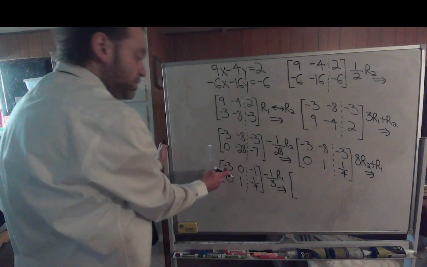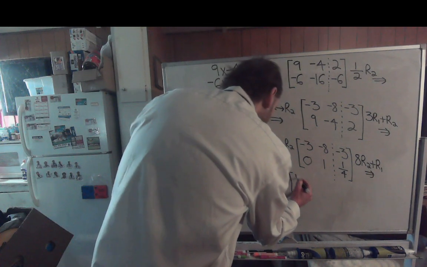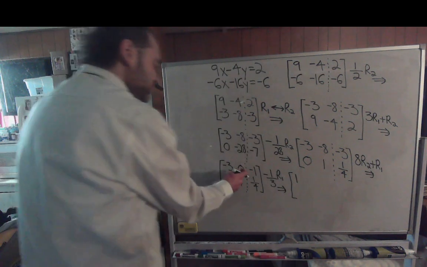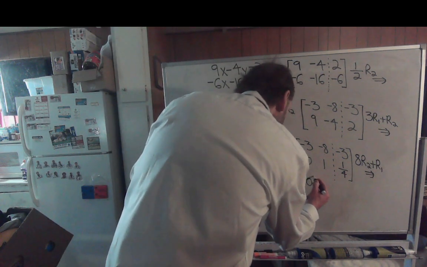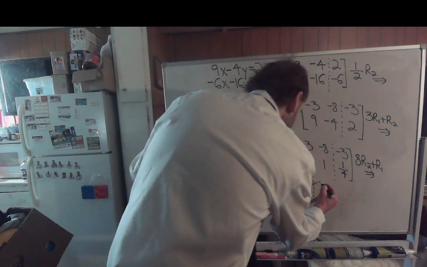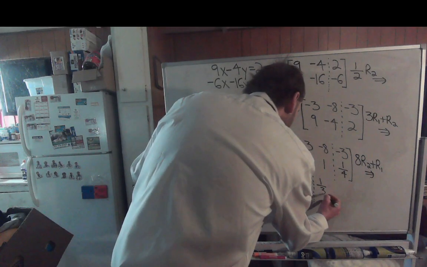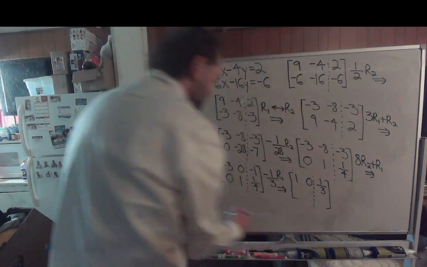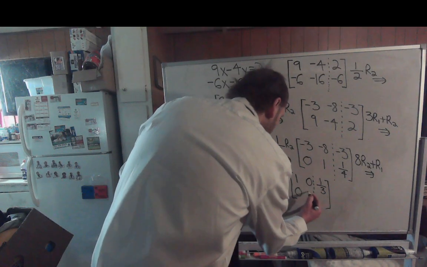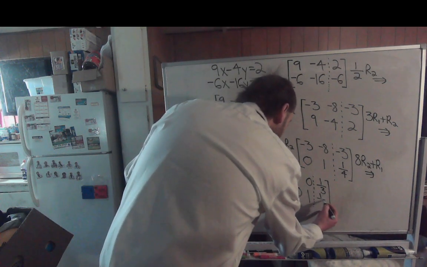So -1/3 of -3 turns into positive 1. -1/3 of 0 is still 0. -1/3 of -1 is positive 1/3. And then you still have your second row of 0, 1, and 1/4.